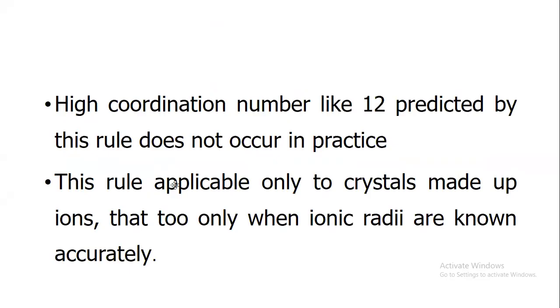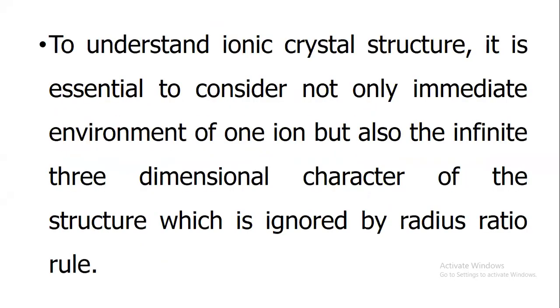The rule is applicable only to ionic crystals, and that too only when ionic radii are known correctly. To understand ionic crystal structures, it is essential to consider not only the immediate environment of one ion, but also the infinite three-dimensional character of the structure, which is ignored by the radius ratio rule.